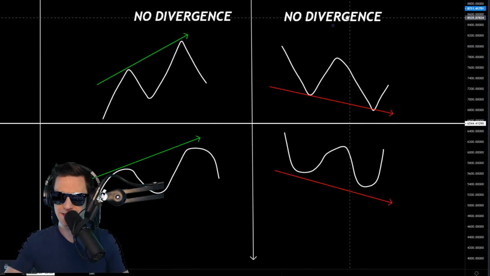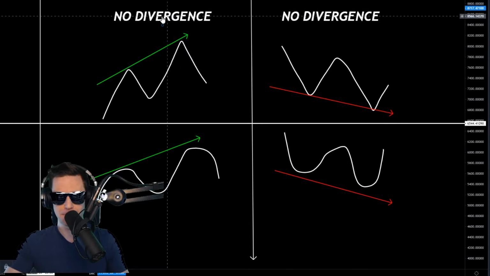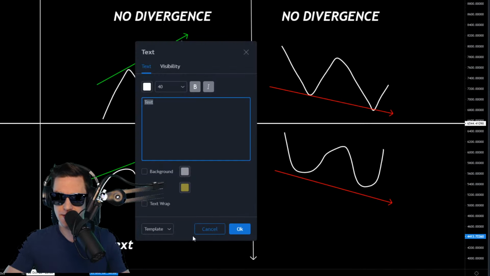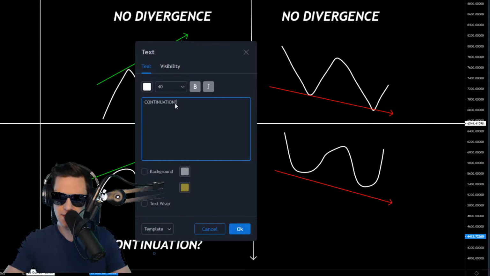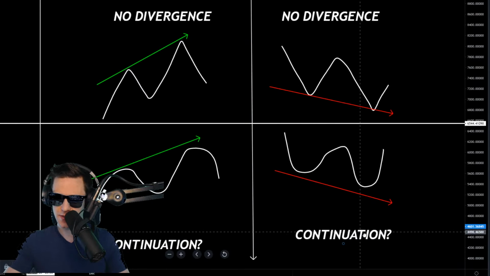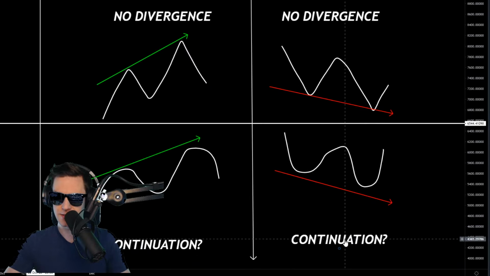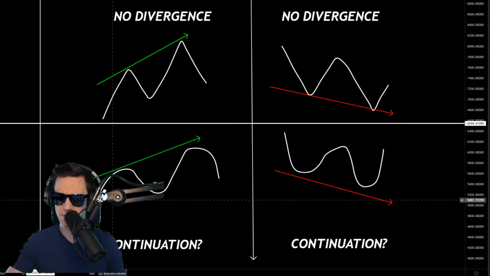That seems really simple and stupid to explain, and maybe that is the reason no one includes it. So what it implies is maybe continuation, because we're not seeing any disagreements. So potentially that would be continuation.